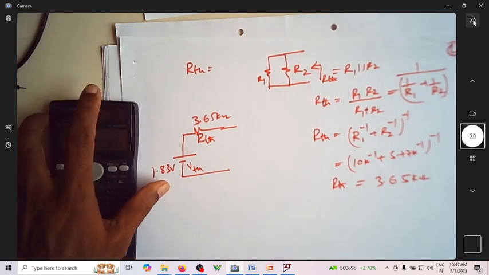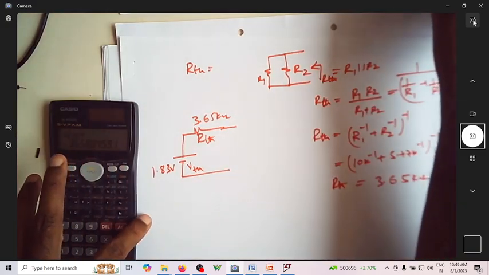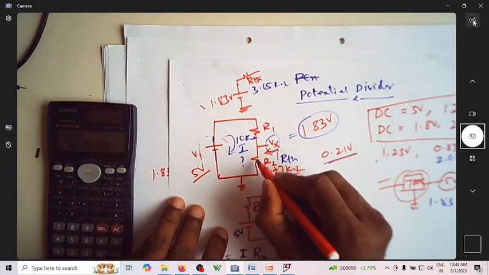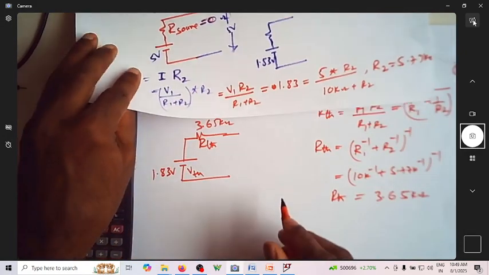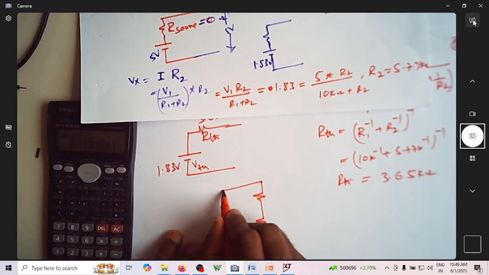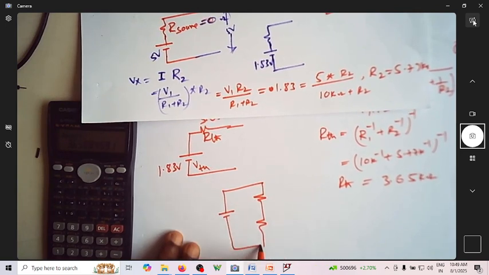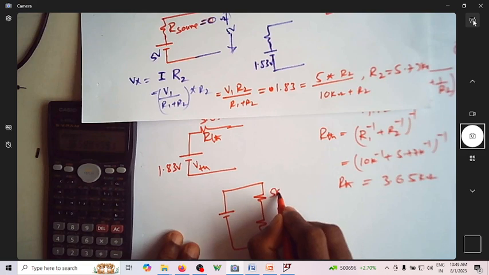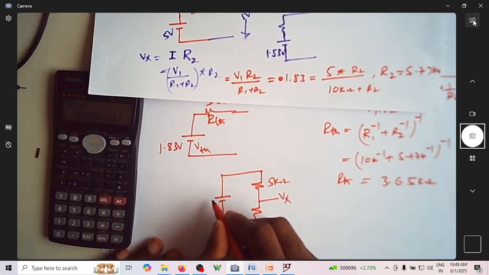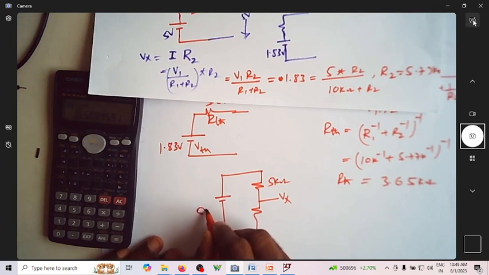Okay, fine. So now let us try to see in LTSpice how to change the voltage of this. Let me just have a look at this. Assume that this is some 5 kilo ohm, and I want to know the value of Vx. Assume that this is again 5 volt.